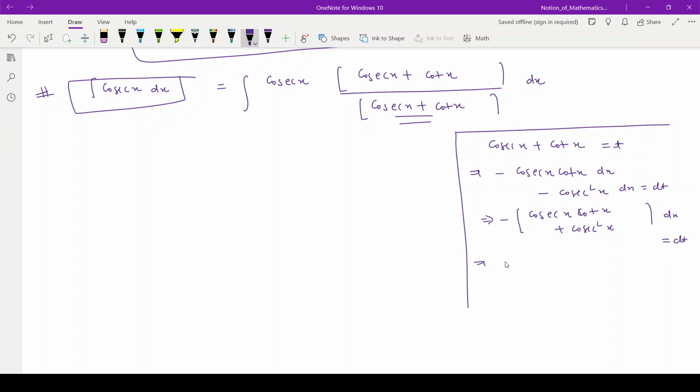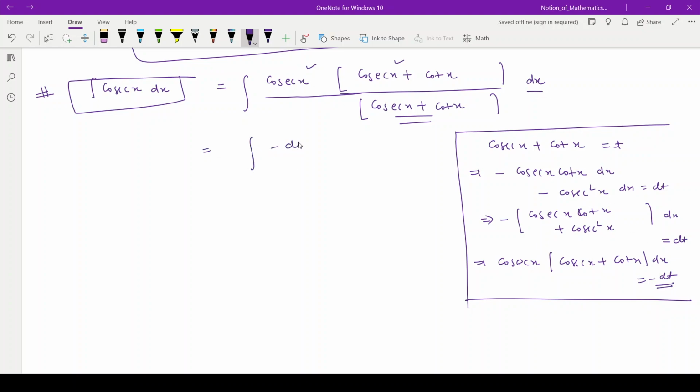Ultimately, we may also write it like cosecant x into cosecant x plus cot x dx equal to minus dt. That's it. So students, this whole numerator is actually equal to minus dt. So that is what I am replacing here: minus dt upon t.